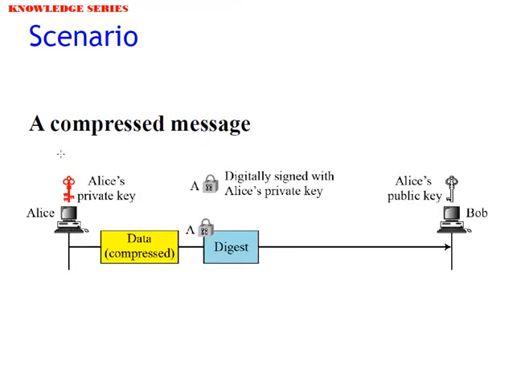Then another is a compressed message. You compress that message and then use a hash function, and thereby you send that message. We term it a compressed message, because once you compress it, there is no need for further encryption, otherwise it will lose the information.